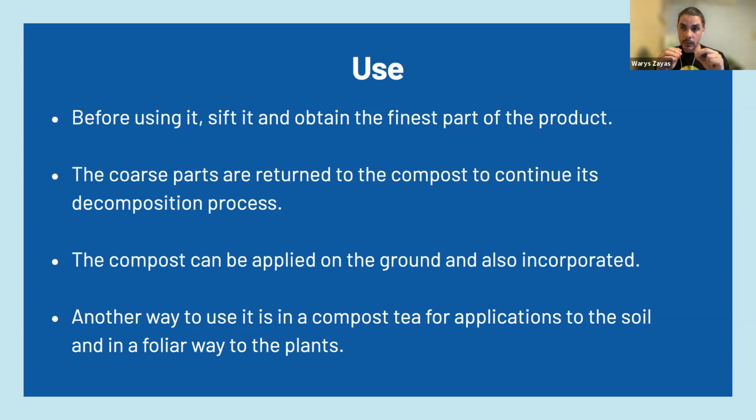That's the way when you're sifting this product, you make sure to obtain this material, the humus, the material I was talking about at the beginning of the presentation, right? So you will use the thinner part of that material, which is compost, the real compost.